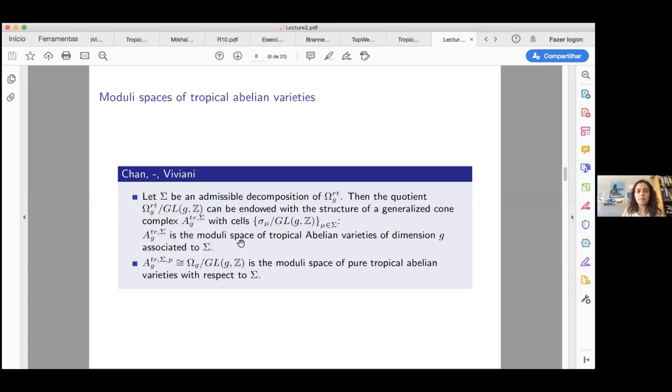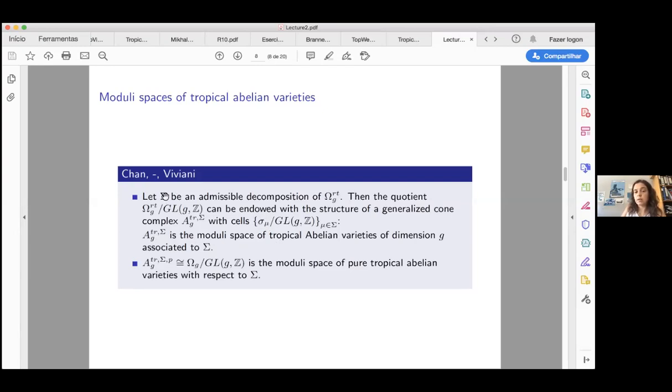And again, for terminology, when I refer to A_g^trop with a Sigma, I mean the moduli space of abelian varieties of dimension g associated to Sigma, meaning that the generalized cone complex structure is the one associated to the quotient with these cells. All right, so I take the cones that define the decomposition.